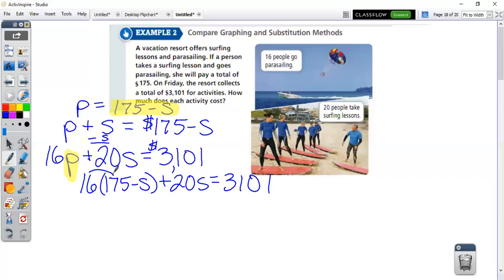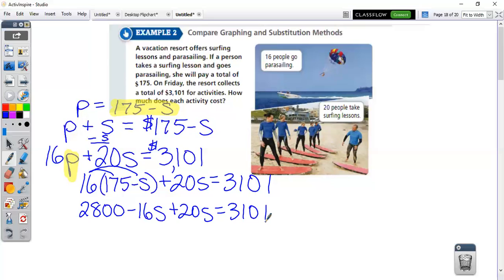So I need your help on that one. What's 16 times 175? 2,800. 2,800 even? Yes. 16 times negative s will be negative 16s, plus 20s equals 3101. What do I do with the 2,800?